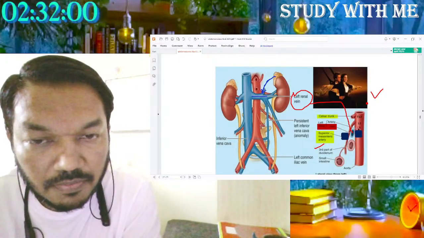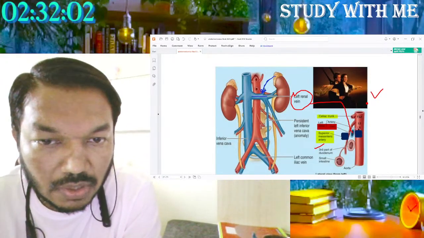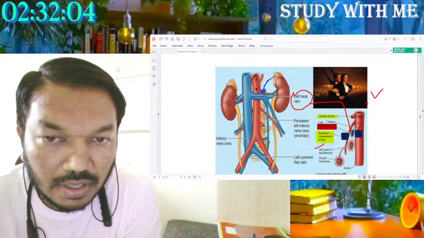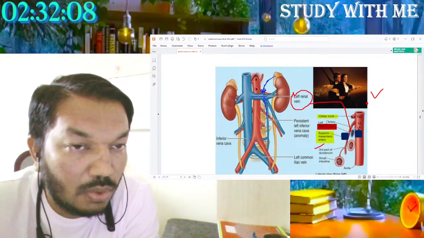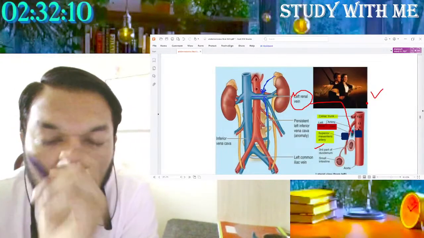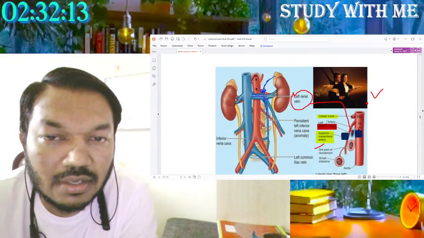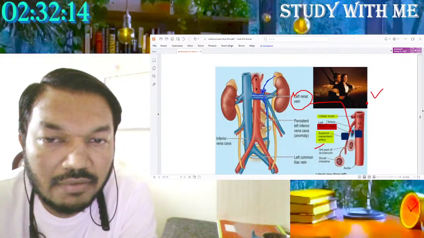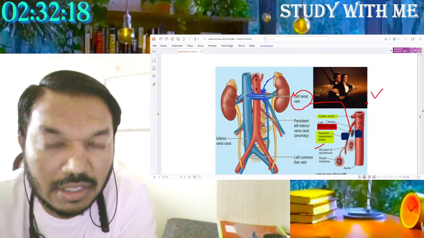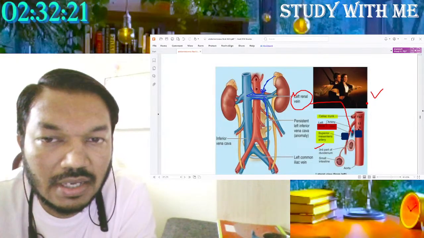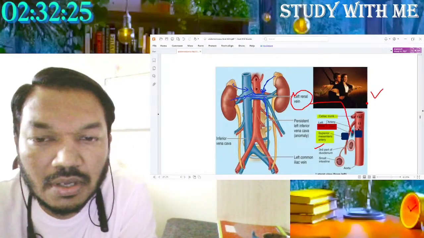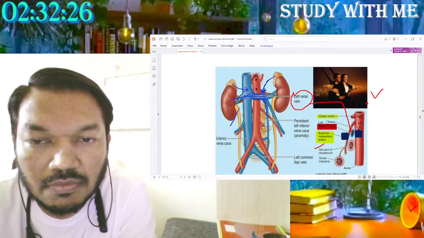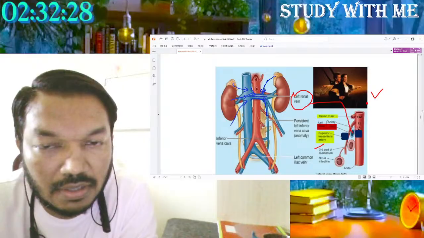Left suprarenal vein and left gonadal vein, I mean left ovarian vein or left testicular vein, both join the left renal vein. Then the left renal vein drains into the inferior vena cava. But the right suprarenal vein, right renal vein and right gonadal vein come directly to the inferior vena cava.